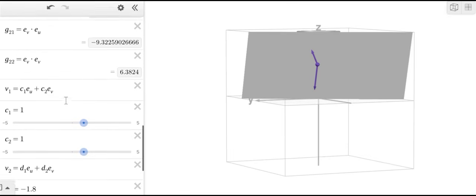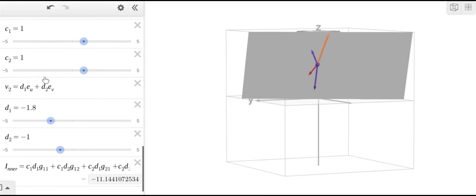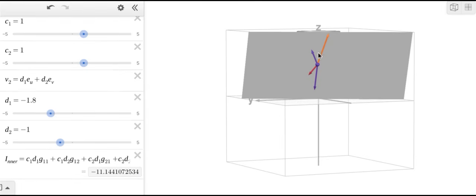So now we can define two vectors. So we got vector 1 and vector 2, and they have these coefficients, the scalars, just whatever they turned out to be, D1, D2, and so on. Okay. Now, the dot product of those two vectors is the multiplication of the scalars times the components of the metric tensor, right?